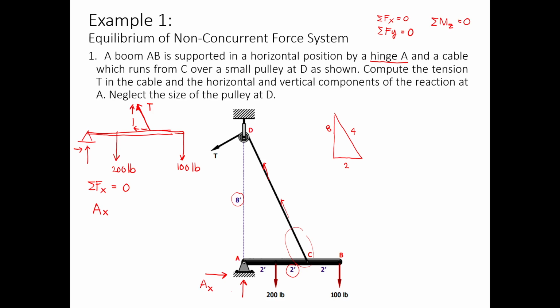So square root of 68, which is 2 square root of 17. And then of course we can create another triangle that will represent the force triangle of the tension. So this is T, this is the vertical component of the tension, this is the horizontal component of the tension.